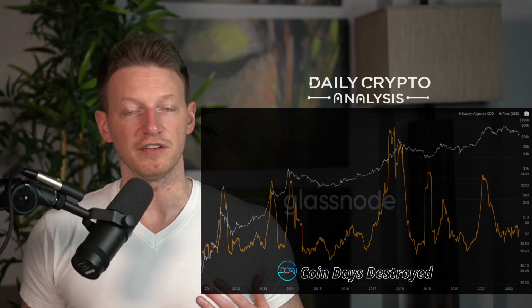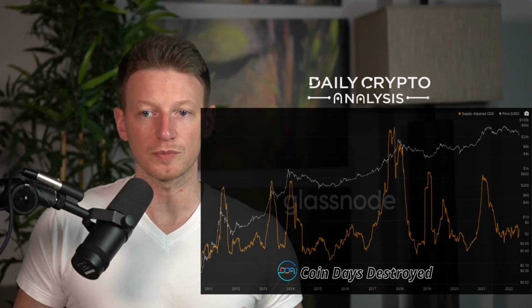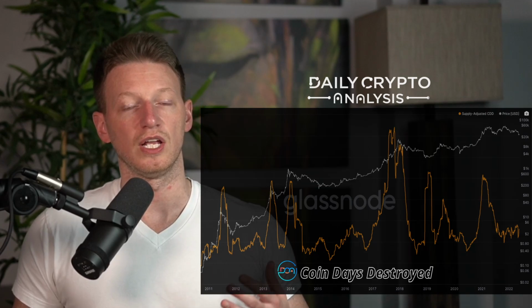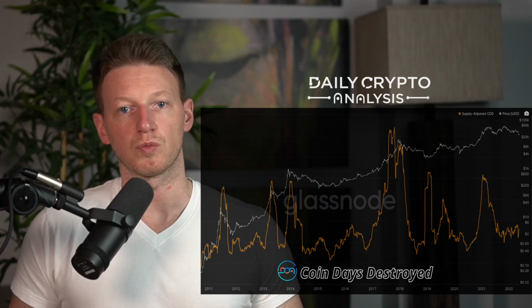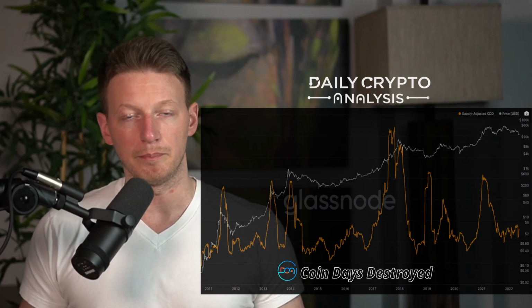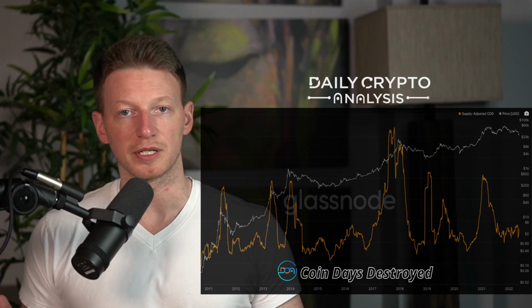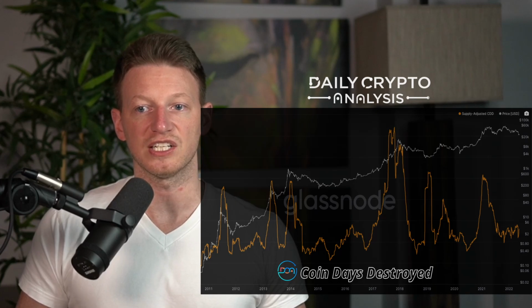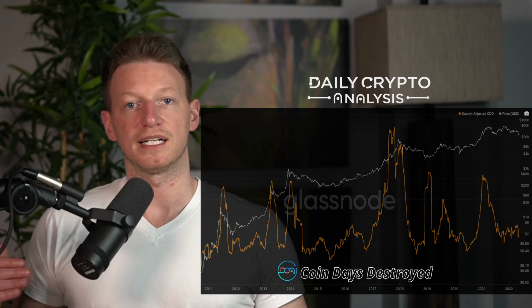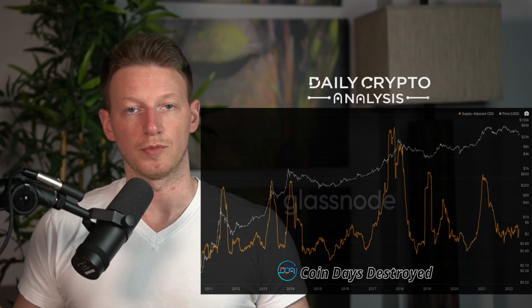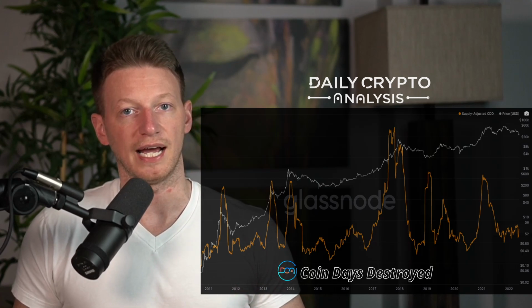Because there are very defined characteristics. Long-term holders tend to sell as we are moving from a bearish segment of the market, because they're typically acquiring at those times of the market and they're selling as the price is rising. Whereas oftentimes short-term holders are the ones capitulating in these bearish segments of the market when the price is going down.